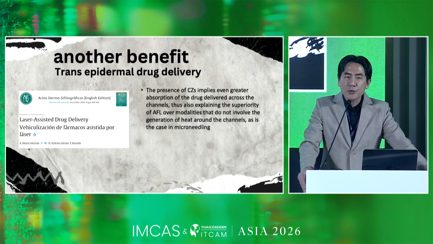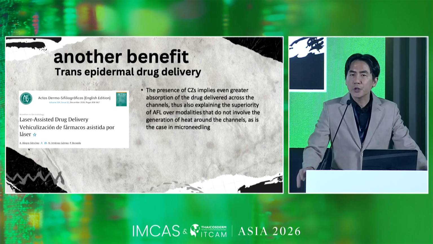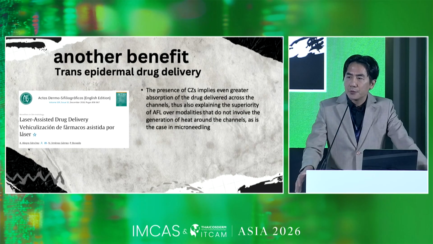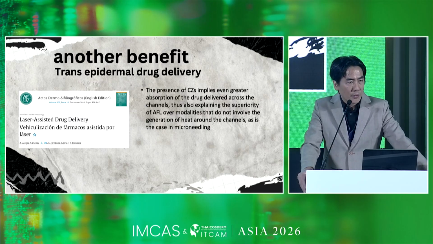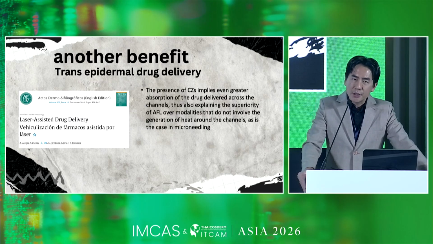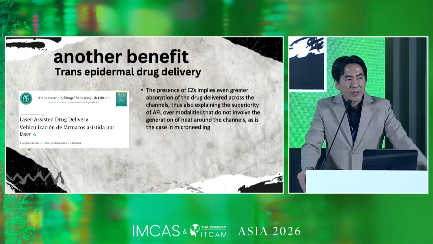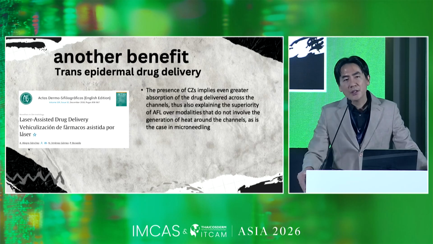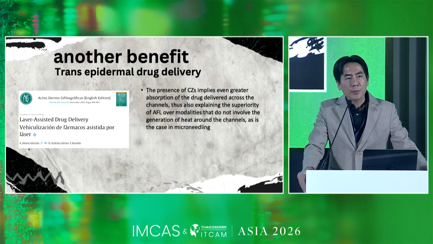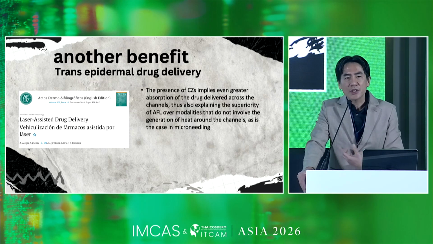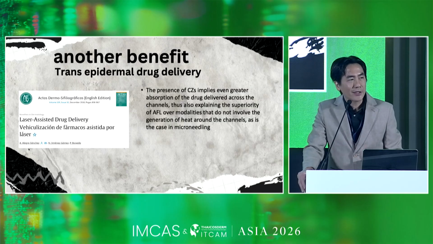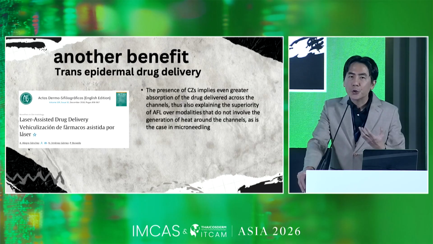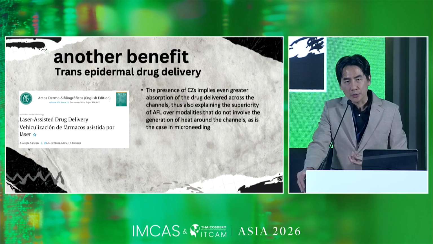But when we are using lasers, why do lasers create better penetration for transepidermal drug delivery? Because of the coagulation zone. The bigger the coagulation, the bigger the penetration. If we are using erbium lasers, because they are very sensitive to water, they are very safe to the pH prone, that's why we create less coagulation zone.